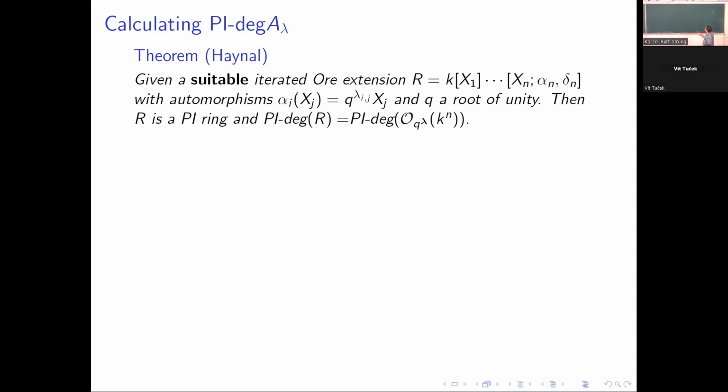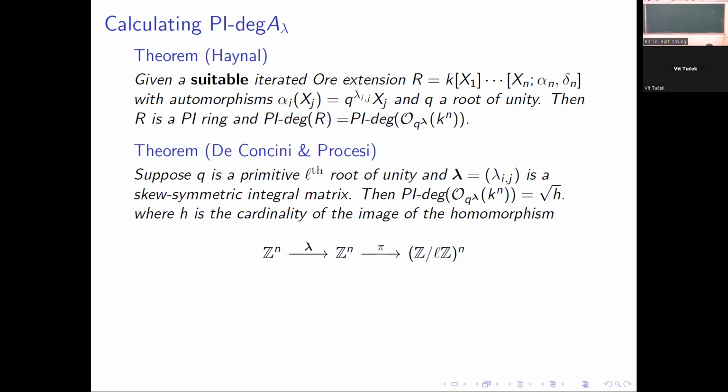And because all your automorphisms send a generator to a Q multiple of another generator, you just get a quantum affine space for what remains when you just have the automorphism. So basically it says you can forget the skew derivation and everything will be fine. So you're left with computing the PI degree of a quantum affine space. And for that, De Concini and Procesi have a general result that tells you how to do that.